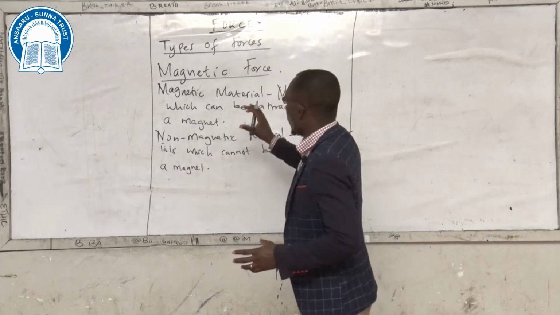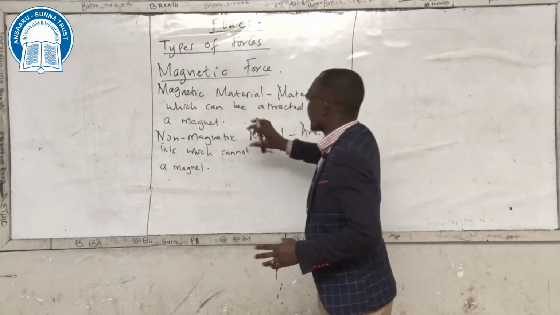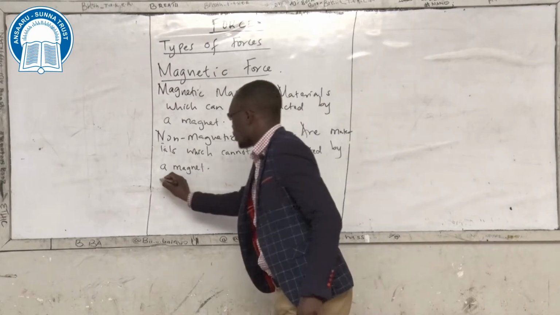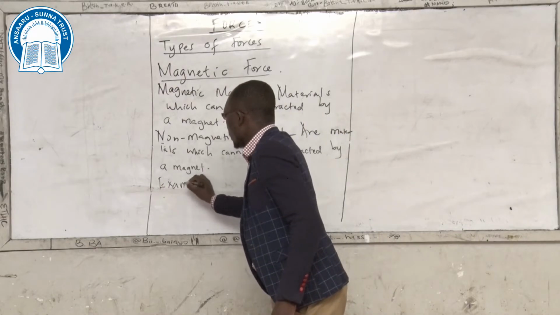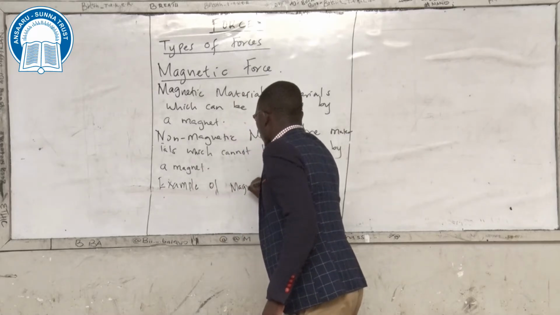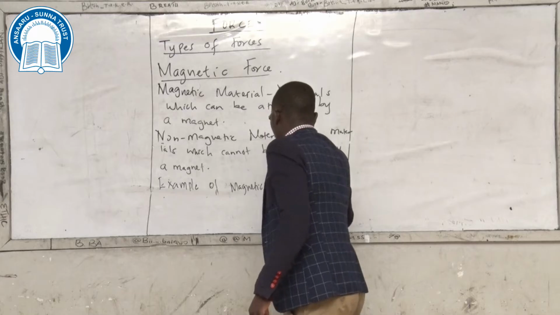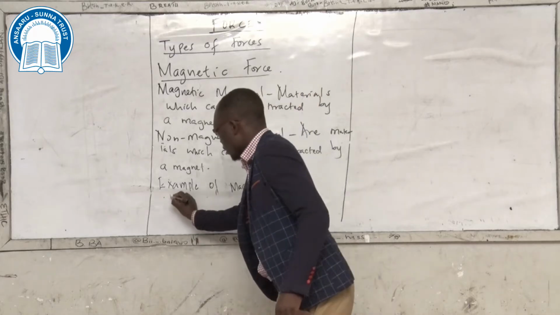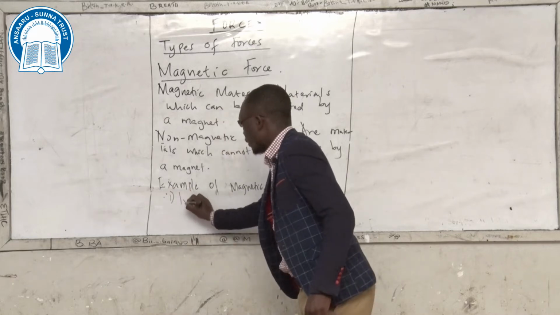So what are examples of magnetic materials? Examples of magnetic materials include: number one, iron.